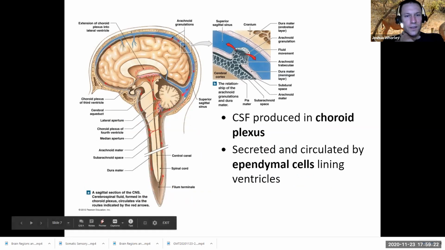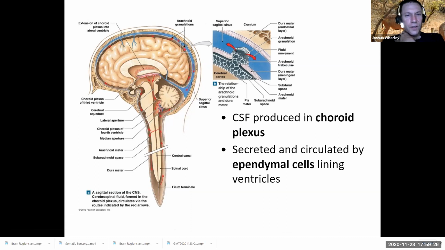It's circulating up into this subdural space, and then out this sinus, into this subarachnoid space, and then out this sinus and into the subdural space and back again. So you can just see it circulating around here and then out into this dural space.